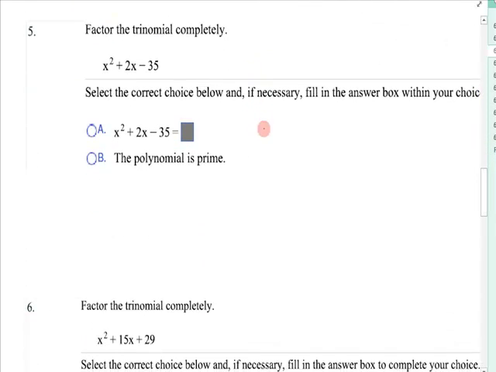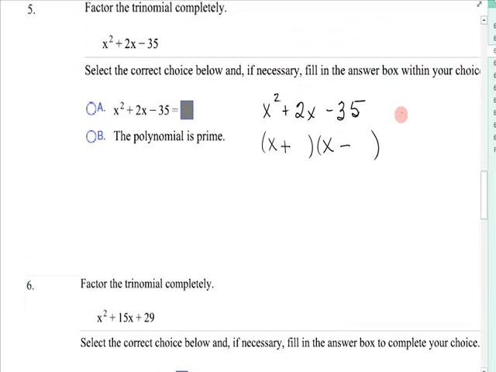Next one, I have x squared plus 2x minus 35. Common factor? Nope. Trial and error. The last sign is negative. Hopefully you're beginning to remember these patterns. If the last sign is negative, you always get 1 plus and 1 minus. To get an x squared, we have x times x.